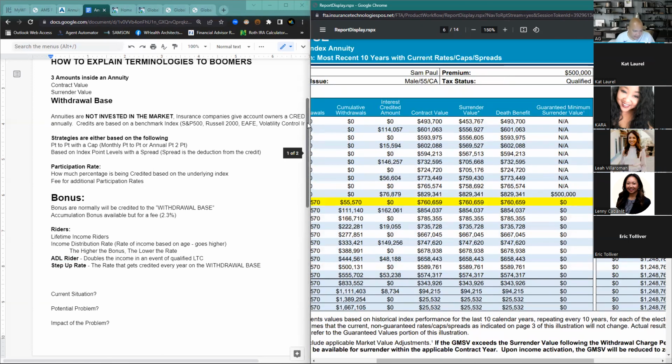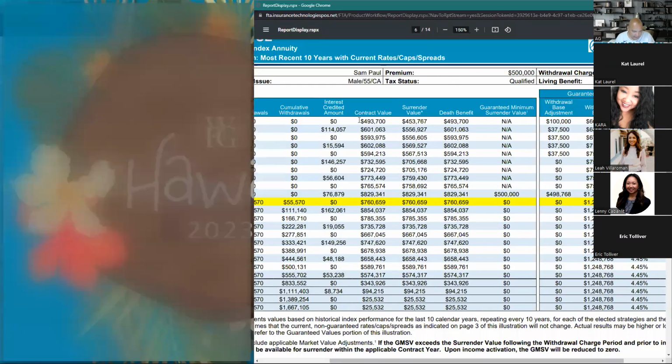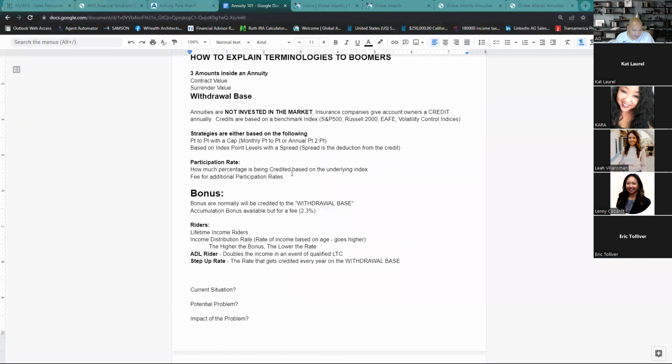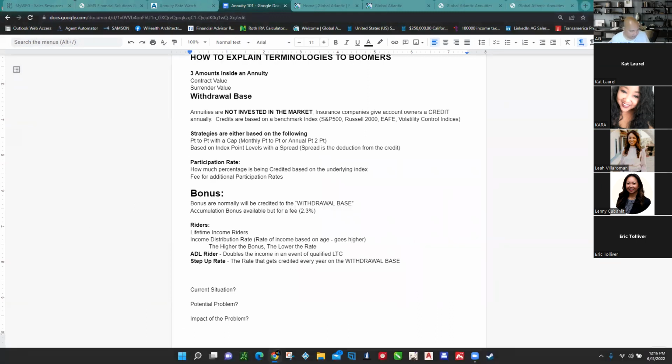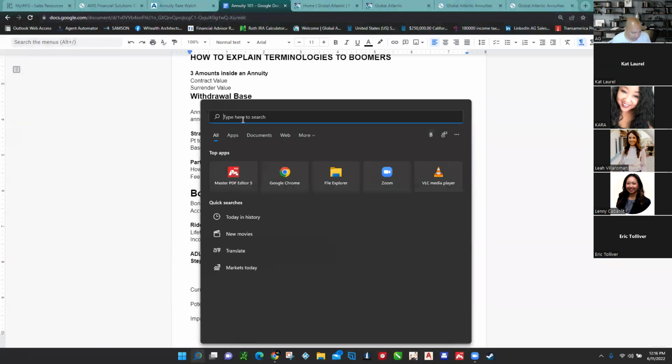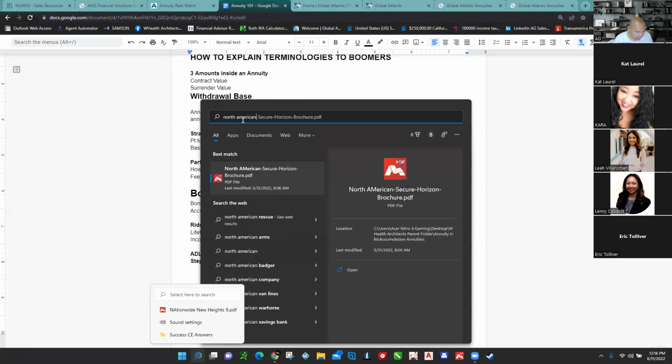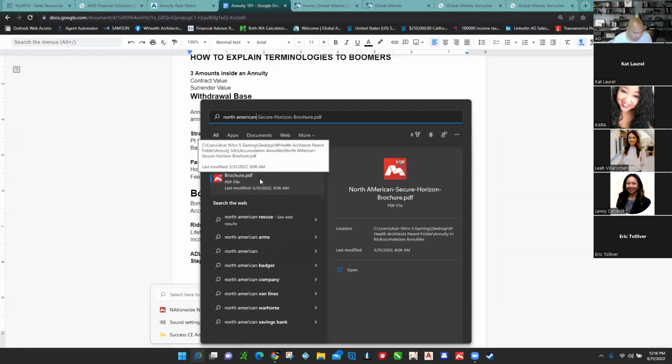And that is the accumulation. But if you want to see one last accumulation annuity, hope I could find it here. North American. That's a brochure.